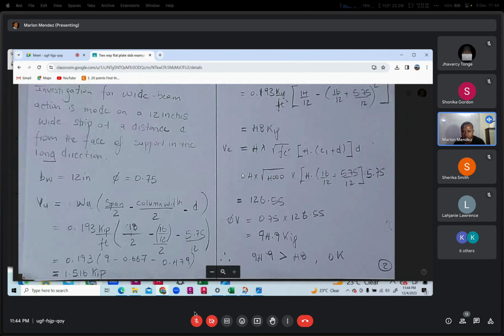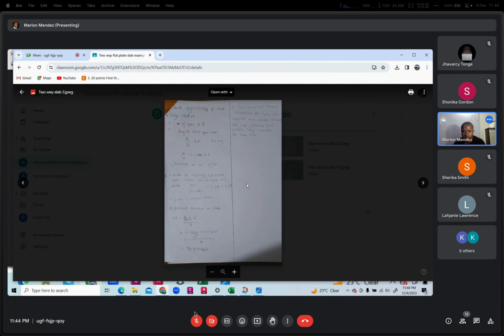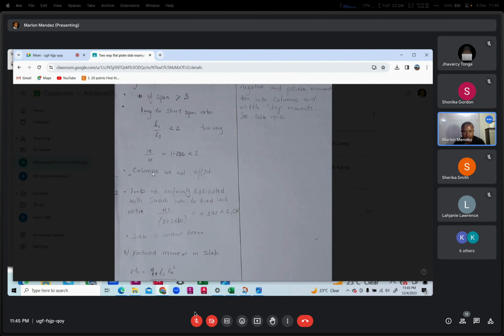All right, so I need to get to the important meat of the matter, which is where you check for the direct design method. You carry out your check in terms of the number of spans. Three. Long to short span is less than two, then fine. Columns are not offset.